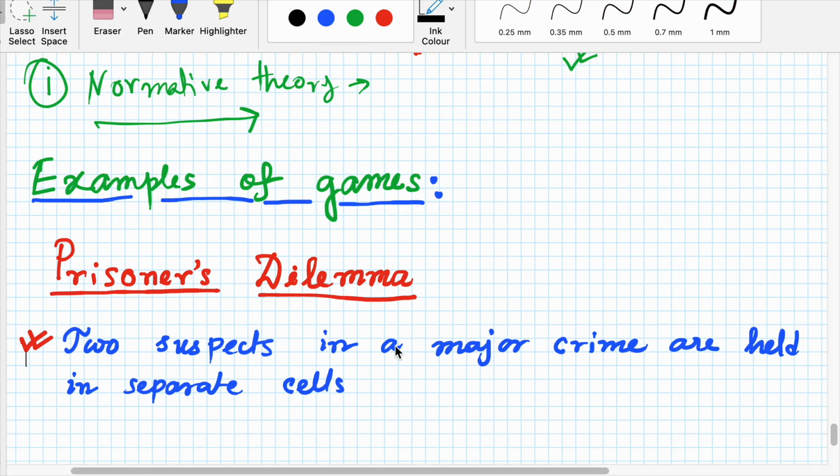Because we are only talking about the non-cooperative game, where there is no pre-play talk.